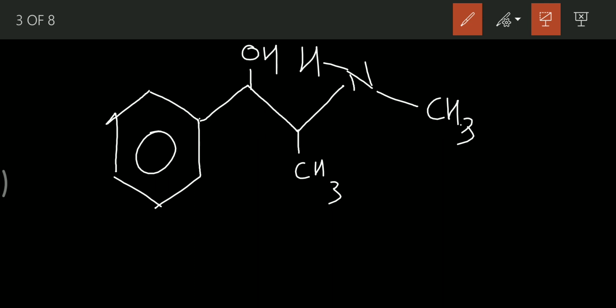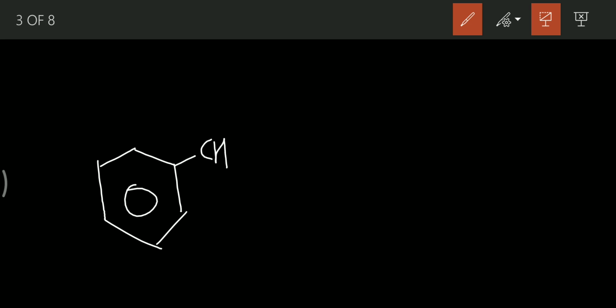And if you feel difficulty in writing this stick structure, you can also write the open structure for any alkaloid. First write the benzene ring, attach that to a CH group, then to another CH group, then you attach it to a nitrogen atom.